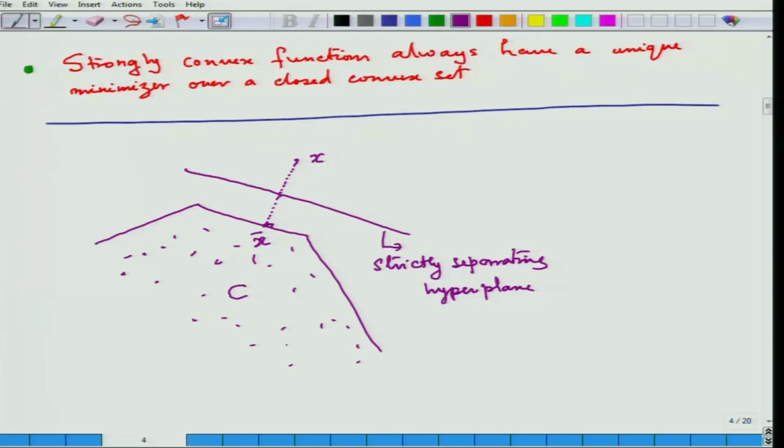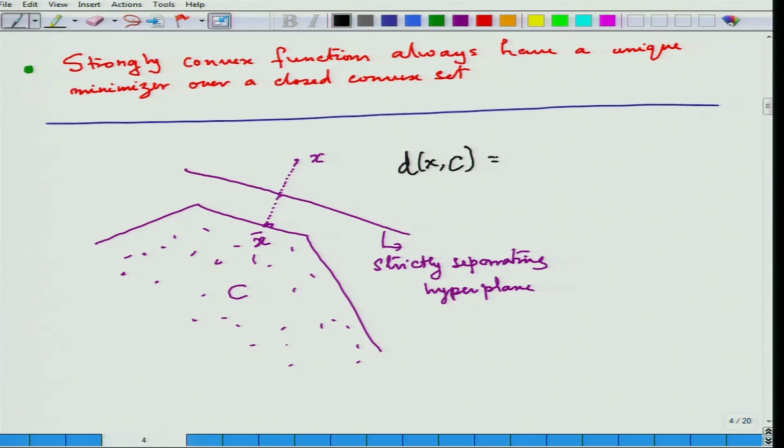So, we will now first talk about when there is a point x and a set C, what we are trying to measure by the perpendicular. We are trying to measure the distance between x and the set C. So, what is the meaning of distance of the point x from the set C?